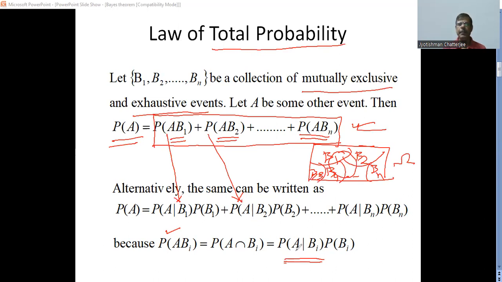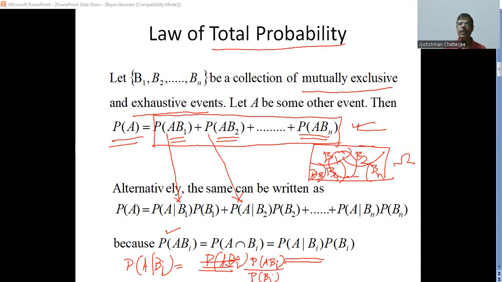then getting this thing is easy because probability of A given Bi is nothing but P of A intersection Bi divided by P of Bi.